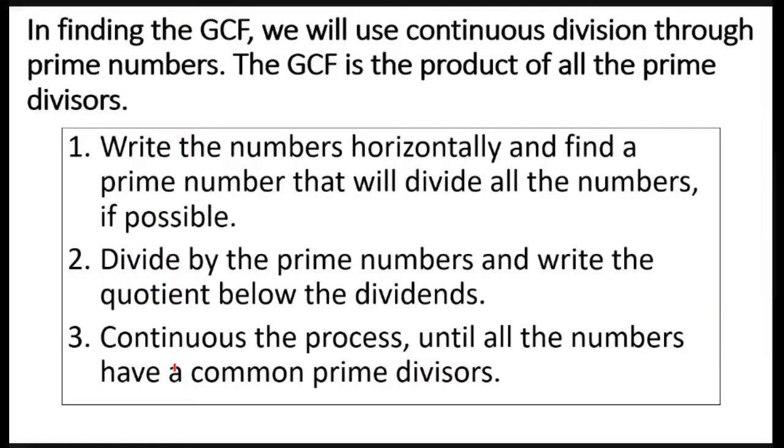Now, let's continue. Now, in finding the GCF, we will use the continuous division through prime numbers. The GCF is the product of all prime divisors. So first, write the numbers horizontally and find the prime number. And then we're going to divide all the numbers if possible.